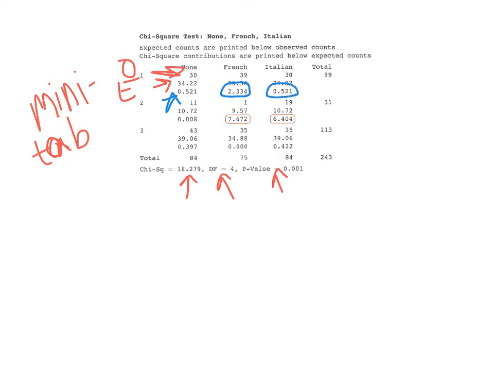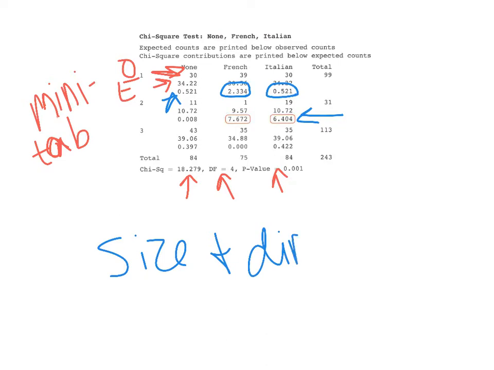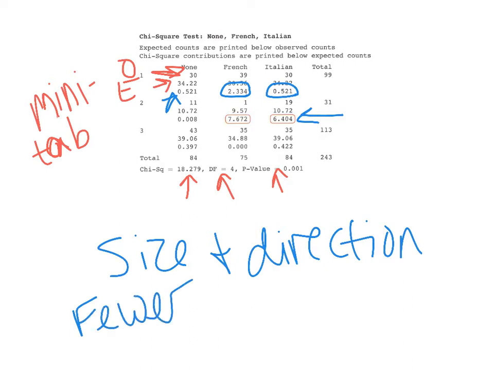If I'm doing follow-up analysis, I'm going to look at these ones right here that stand out, and I want to be sure that I'm addressing size and direction. For instance, the follow-up analysis on this one would be something along the lines of fewer. That would address size and direction, less than, moving towards the negative.